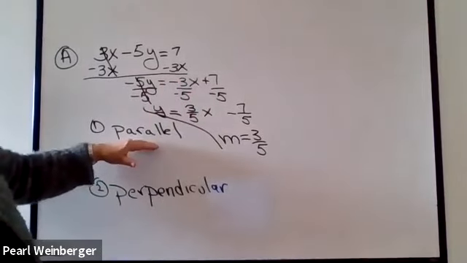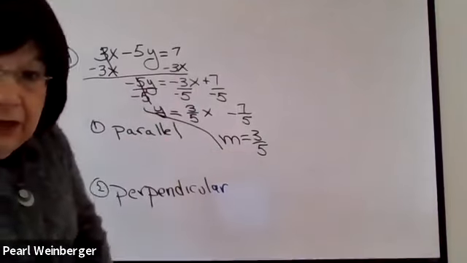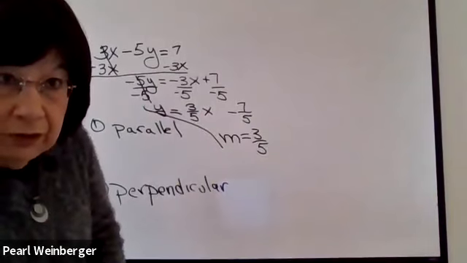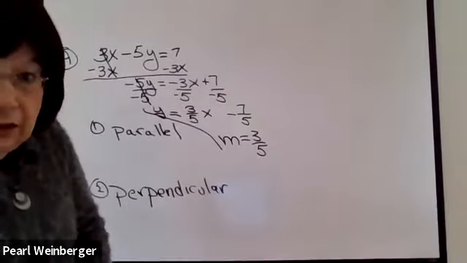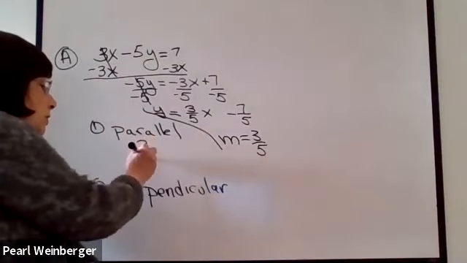Which means that when we want the slope of a parallel line, what will it be? What would the slope of a parallel line be? The same thing. So the slope of the parallel line would also be 3 over 5.